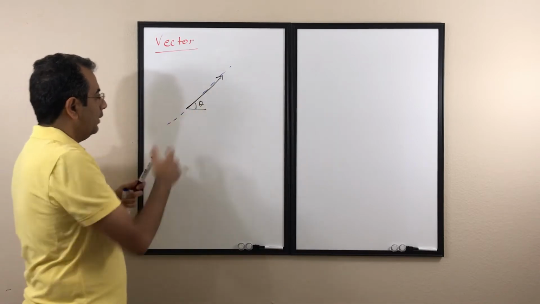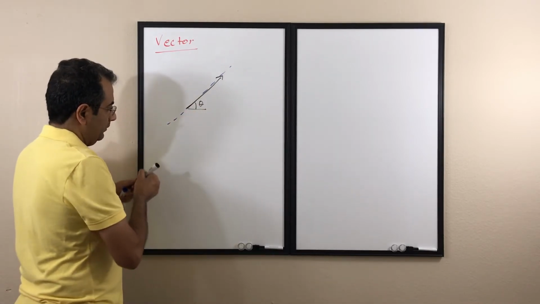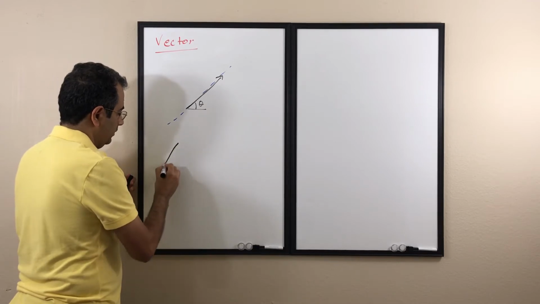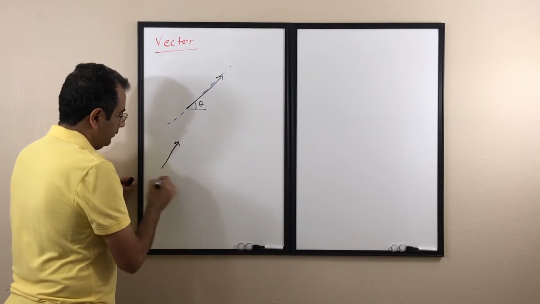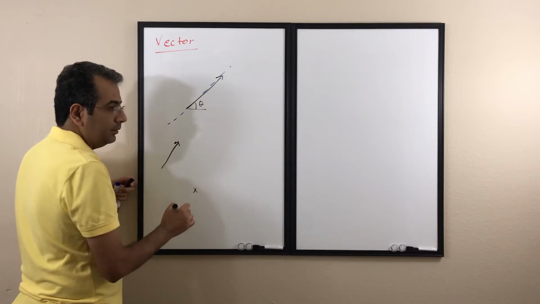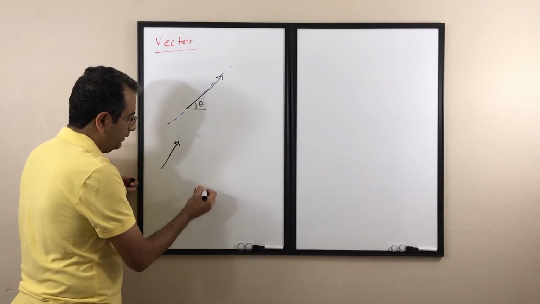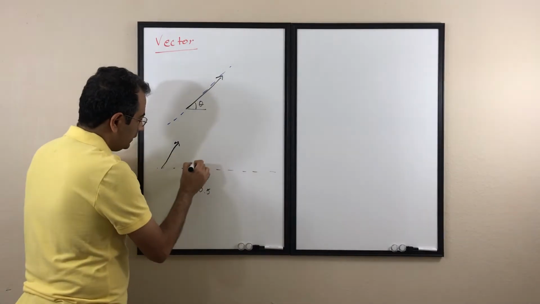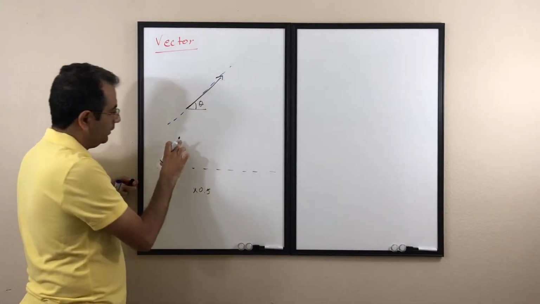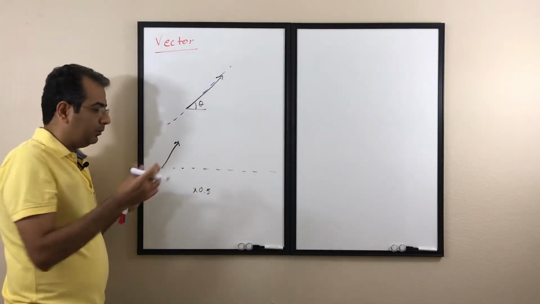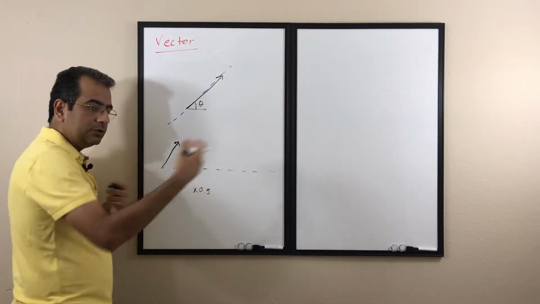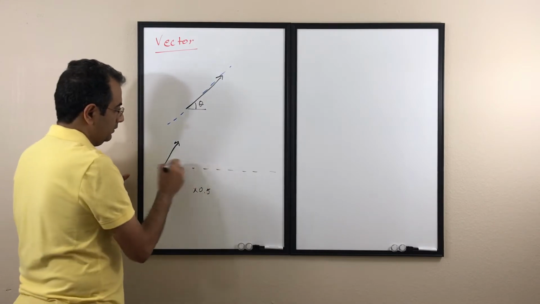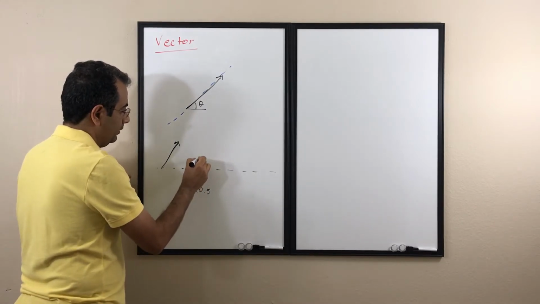Assume that I have a vector here, and if I multiply it by, for example, 0.5, it's going to just make that vector half of what I have here. So if I multiply it by a scalar, it's just going to change its size.